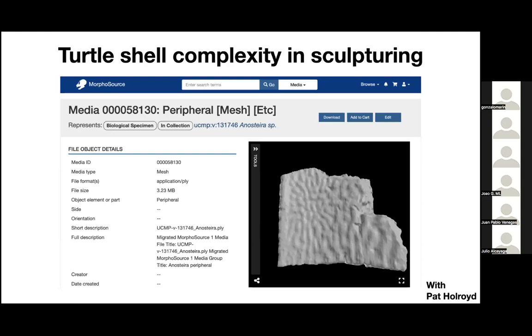So you have different morphologies in the sculpturing, but then you also can see elements of scute formation or scute loss. And so this was the back and forth between the different systems.